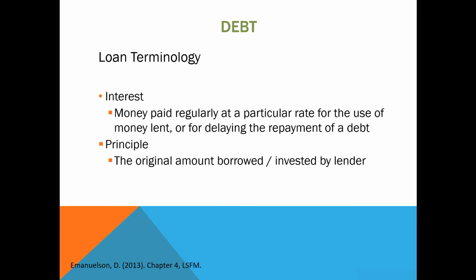So when you get a loan, you have to look at the interest. The interest is the money paid regularly at a particular rate for the use of the money you have borrowed, and also there's a regular rate for delaying the repayment of a debt. So when you're starting a company, you want to be finding loans that have low interest rates.